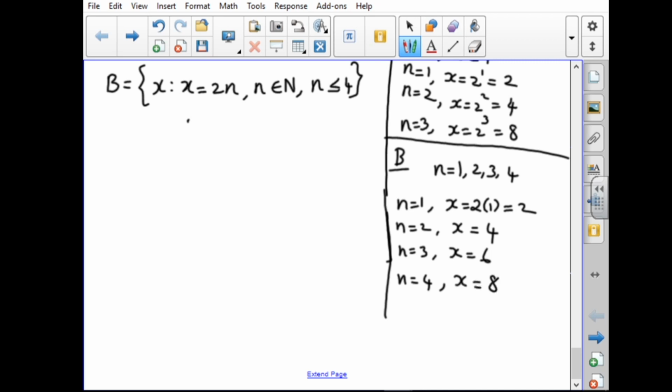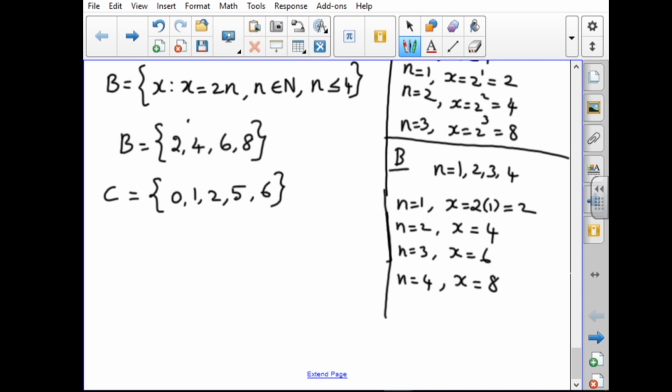So these are the values possible for B. So B is the set of numbers 2, 4, 6, 8. Then the C set is given, no problem, so no need to find anything: 0, 1, 2, 5 and 6.